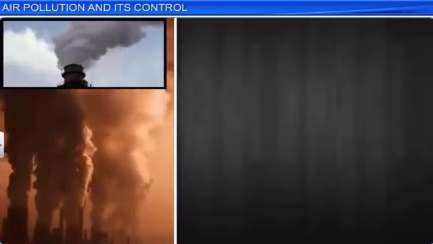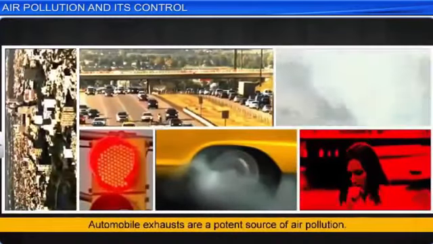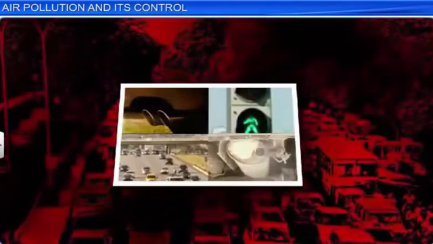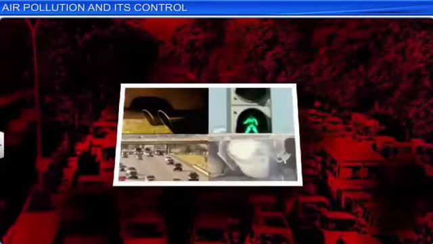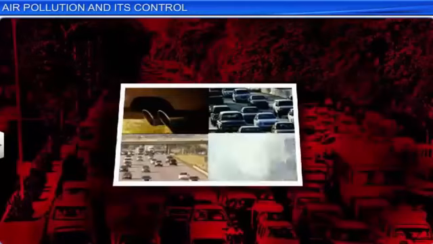Apart from pollutants released from industries, automobile exhausts are also a potent source of air pollution. With the ever-increasing number of vehicles in our country, it has become essential to take proper measures to minimize the release of vehicular exhausts.